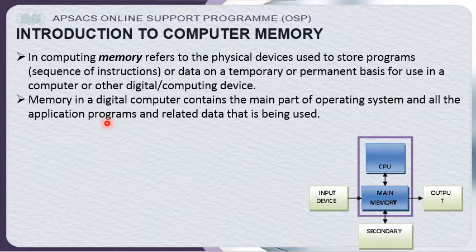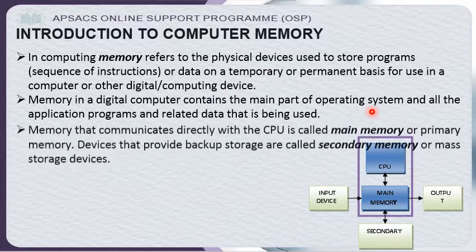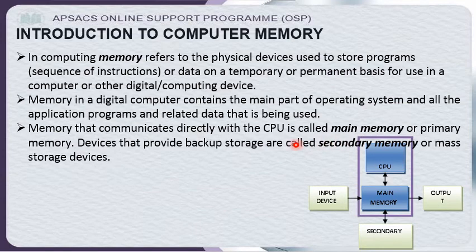The operating system is itself a program, but this program needs some memory. When you want to run the operating system, first of all it will come to the memory. And which memory? It will come to the main memory of your computer. Once it comes to the main memory, then it goes to the processor for processing.